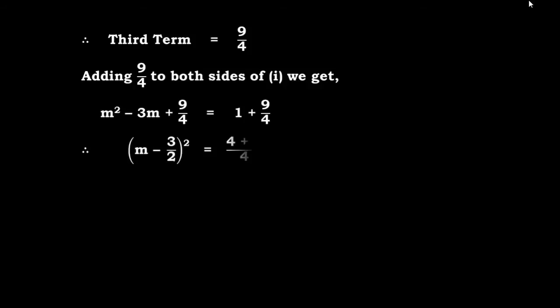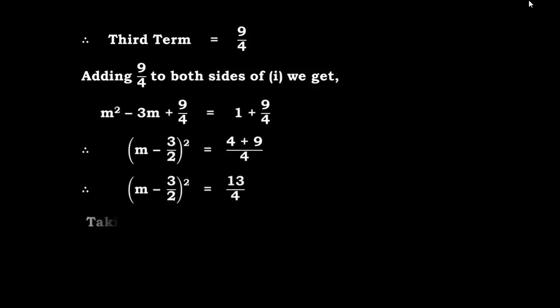Now see, student, LHS, now this is perfect square and you have to write this is square of which term. So how to write this? Take square root of first and last and put the sign of middle term. So m minus 3 upon 2 the whole square. And at RHS you can cross multiply 4 plus 9 upon 4. 4 plus 9 is 13 upon 4.